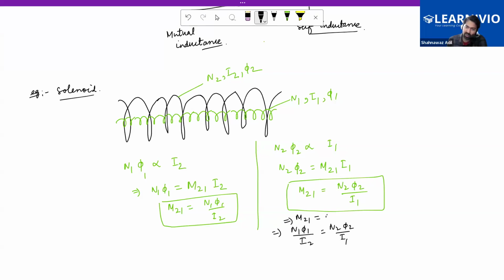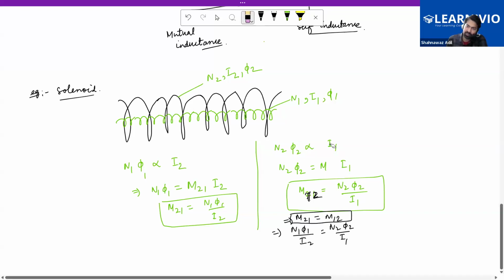This is mutual inductance in 2 due to current I1, and mutual inductance in 1 due to the current in 2, right? So this should be M21.